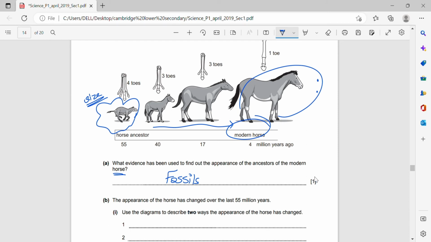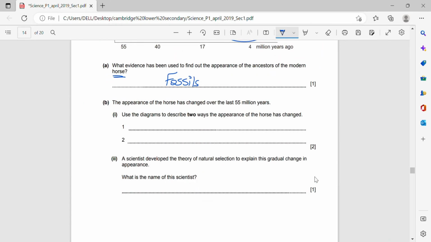What else regarding what? Here the modern horse has 1 toe. The horse ancestor had 4 toes. So there was a decrease in the number of toes. Okay, so from looking at the diagram I have: an increase in size and a decrease in the number of toes.